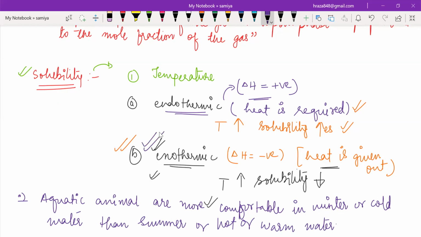That means it is already releasing heat, and in summer the temperature increases and heat energy is given to a process that doesn't require it. So dissolution of oxygen into water is not as much as in winter or cold water. Are you getting my point?